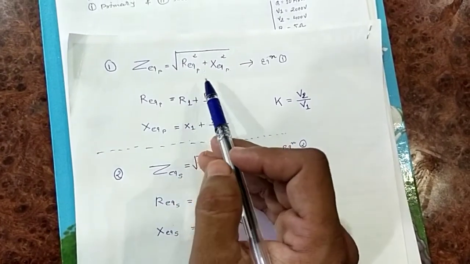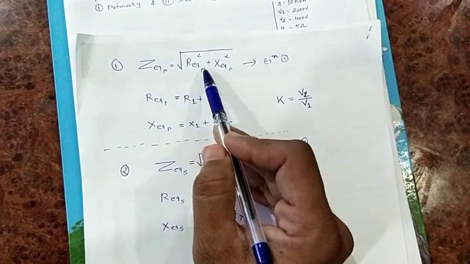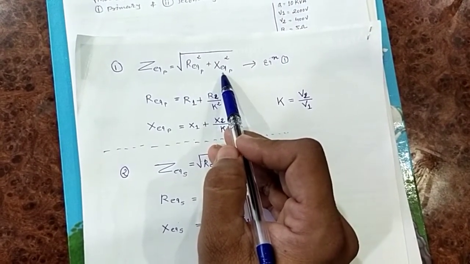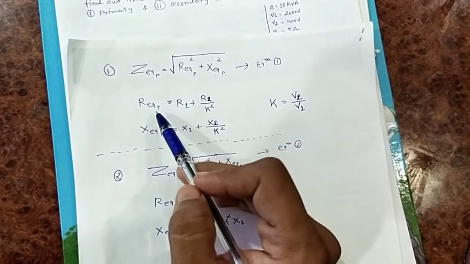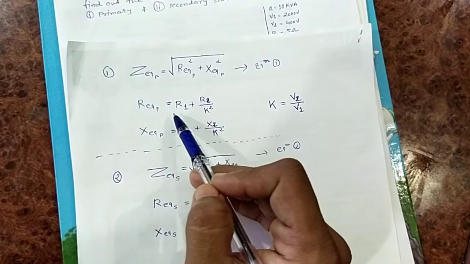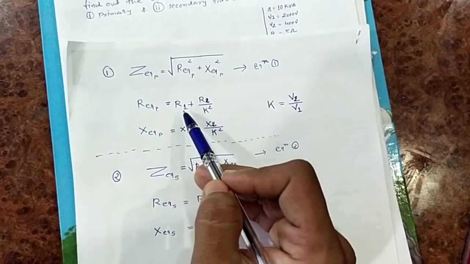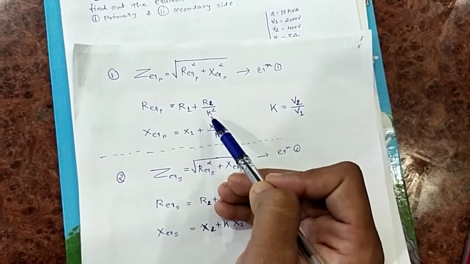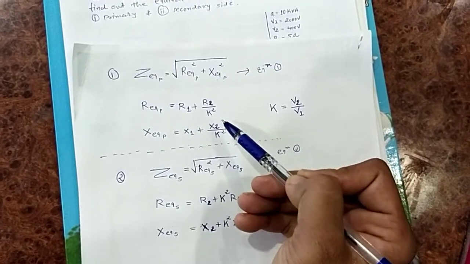By solving equation number 1, two parameters are unknown, R equivalent of primary and X equivalent of primary. To find out R equivalent of primary, the equation is R equivalent of primary is equal to R1 plus R2 by K square. Here in both these equations, K is an unknown quantity.